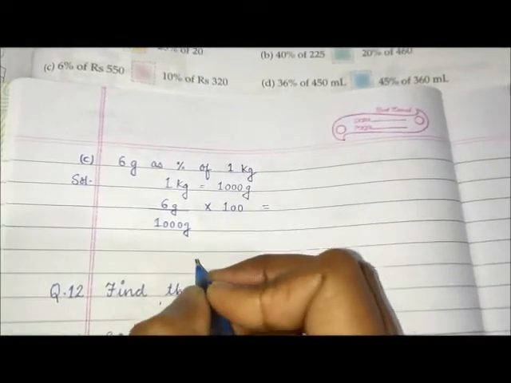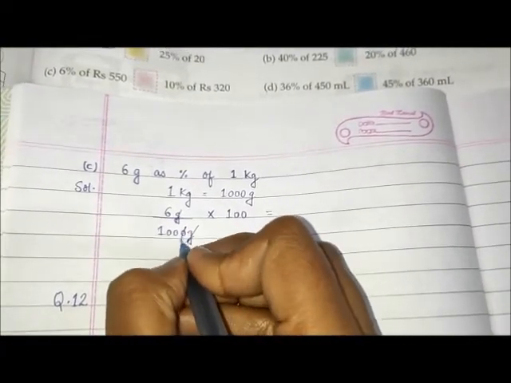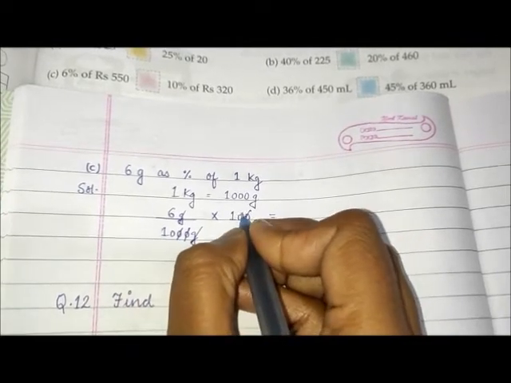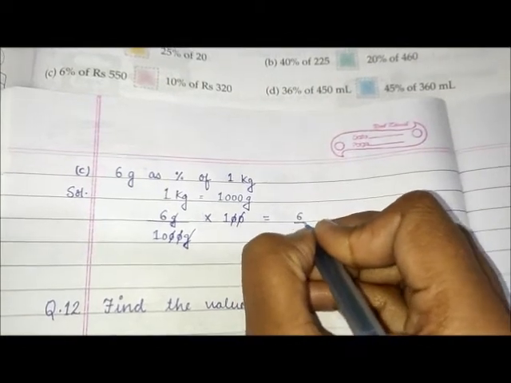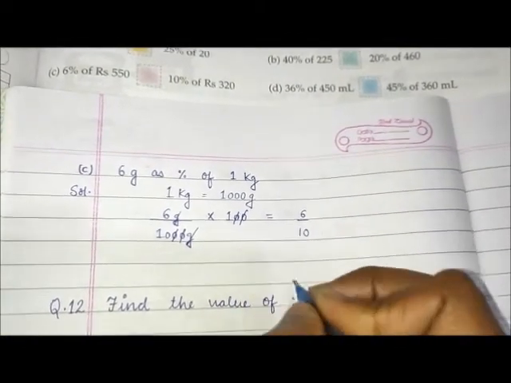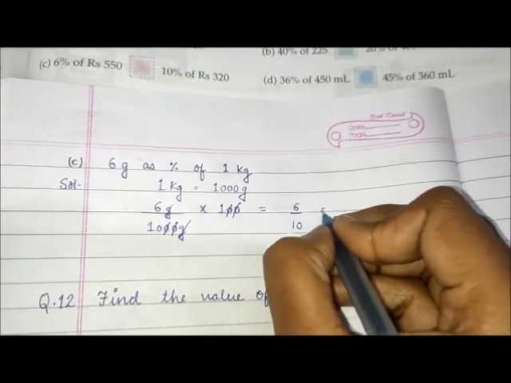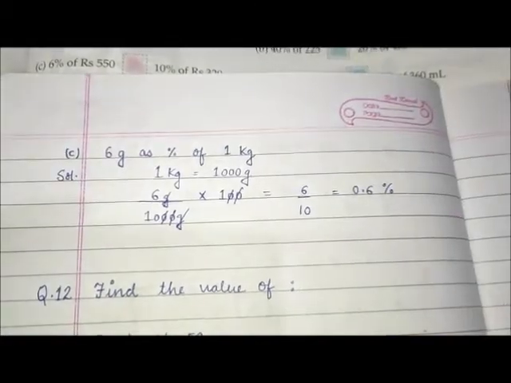Into percentage. Now see this ग्राम and ग्राम is cancelled out. This 0 with this 0, again this 0 with this 0. Now the number is 6 and then in the denominator it is 10. So 6 by 10 can be written as 0.6 and this 0.6 will be percentage.